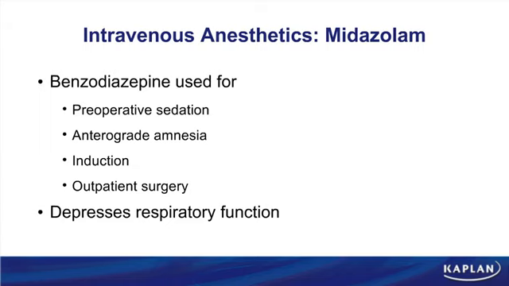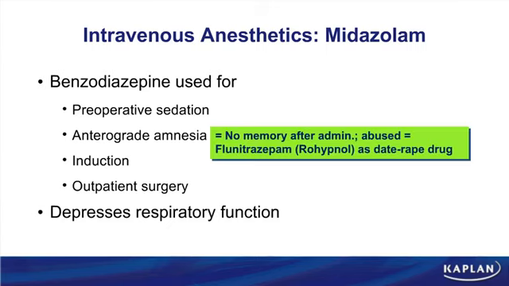But this same property has been abused. When you have anterograde amnesia, you don't have any memory for a period of time after administration. The drug flunitrazepam, known by its trade name Rohypnol, has been abused as a date rape drug, taking advantage, if you will, of this property that you don't remember anything after its administration.